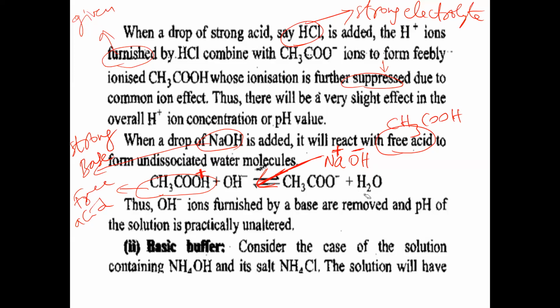H2O is a very weak electrolyte. Undissociated H2O is formed. Along with that, CH3COO minus is formed. Now this CH3COO minus will combine with Na plus. Then what is formed here?